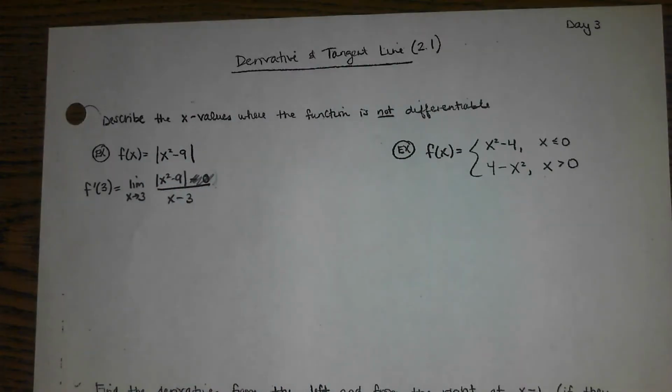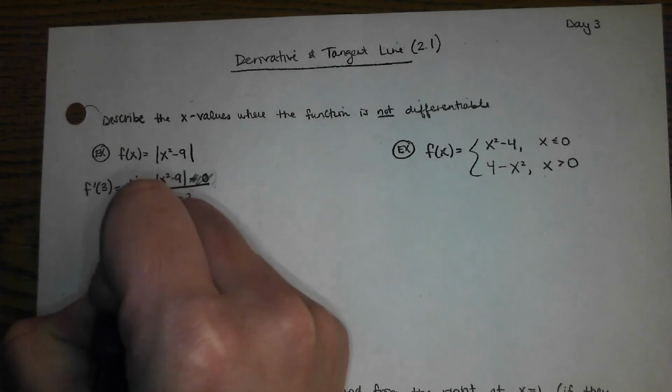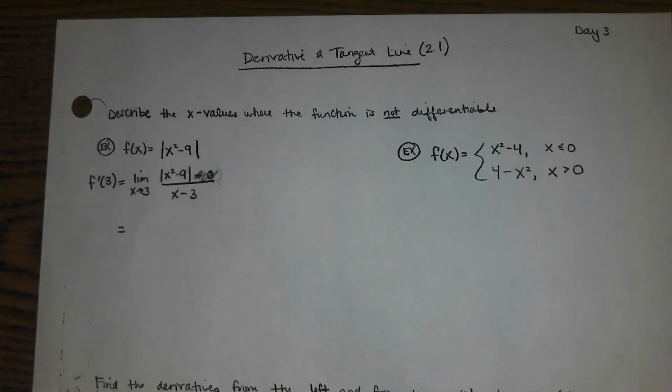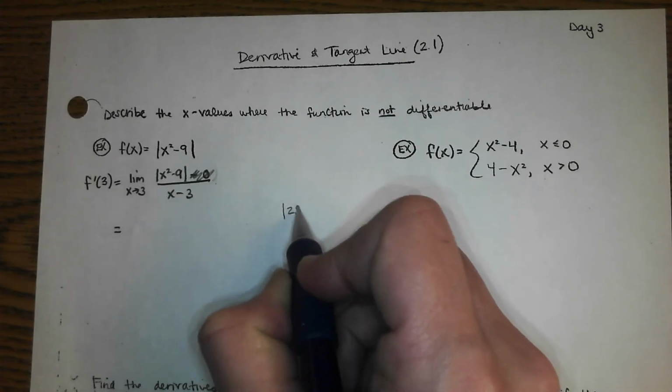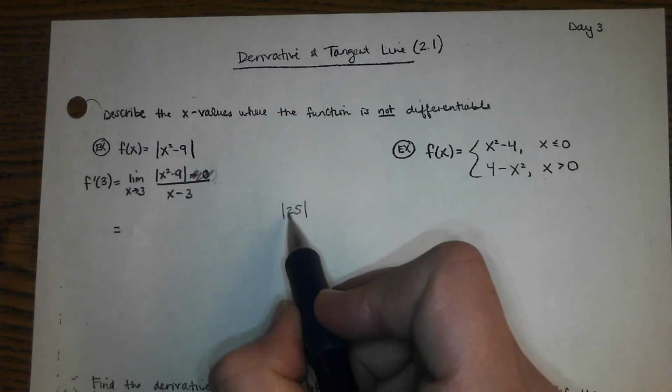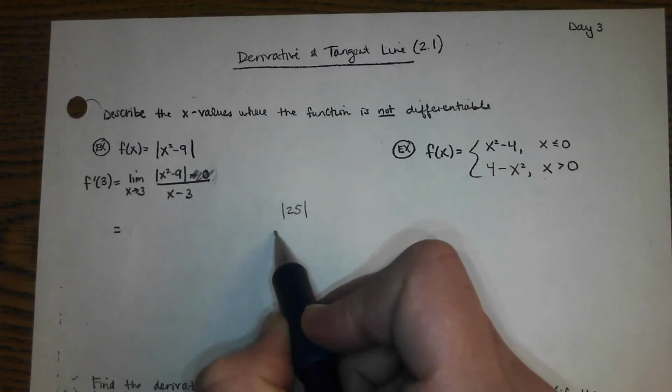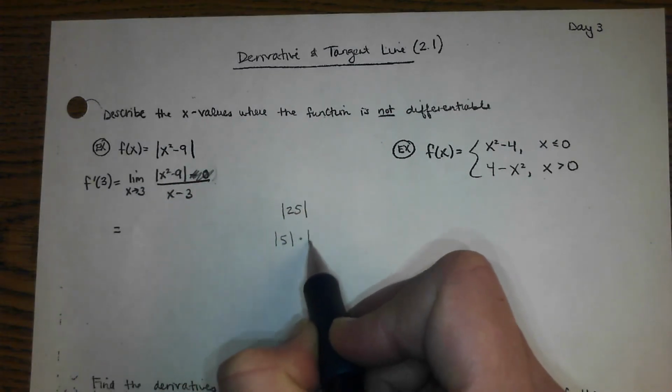And this is where it gets a little tricky, because do we ever multiply absolute values by absolute values? No. But could you believe me if I told you that the absolute value of 25 is equal to the absolute value of 5 times the absolute value of 5?